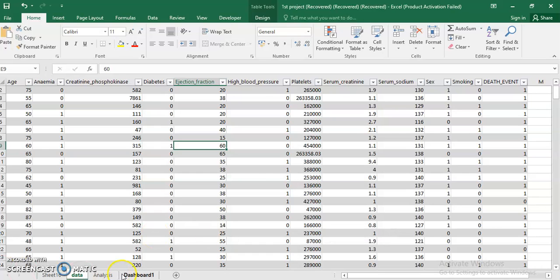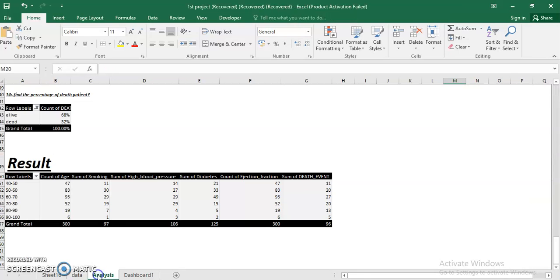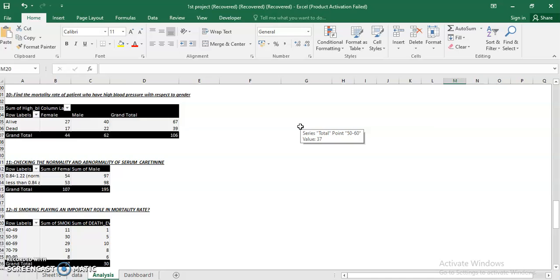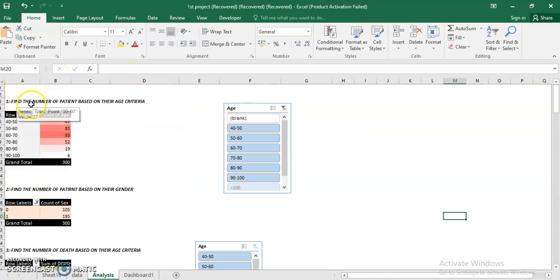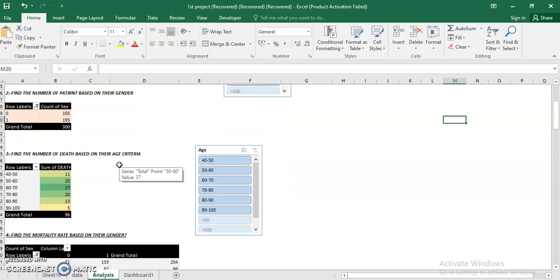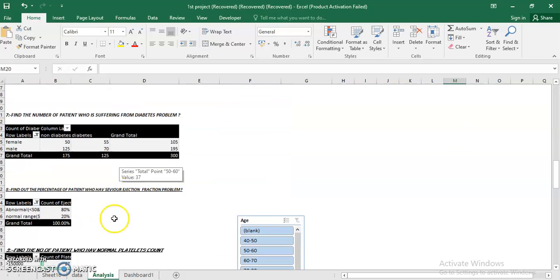You can see that here is one more worksheet, which is called the analyze worksheet. Here you can see some of the questions which I have created. Basically, I have created more than 14 questions, and after that I have answered each question according to the question.